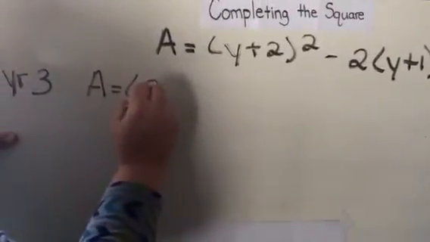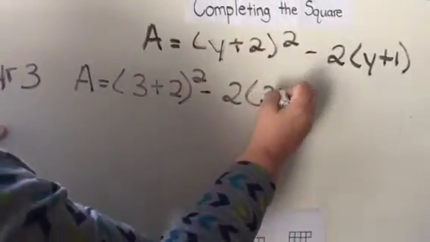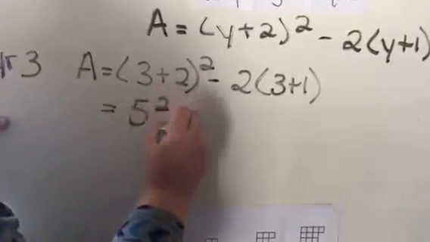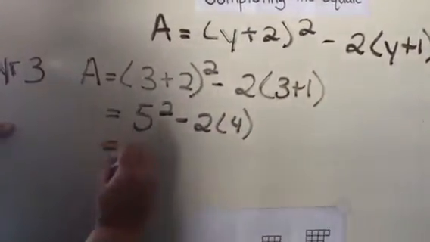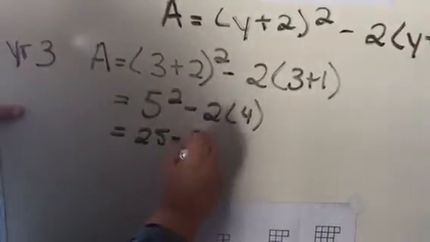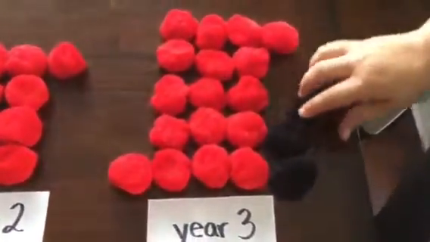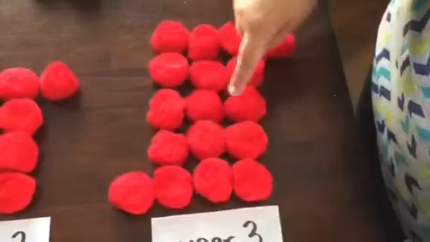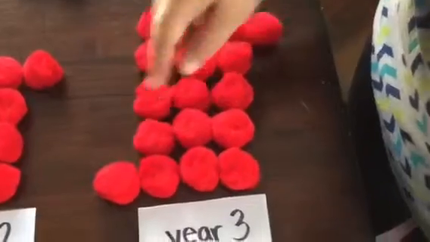Okay, area equals 3 plus 2 squared minus 2 times 3 plus 1, which equals 5 squared minus 2 times 4, or 25 minus 8, which equals 17. Let's check our work. 1, 2, 3, up to 17.